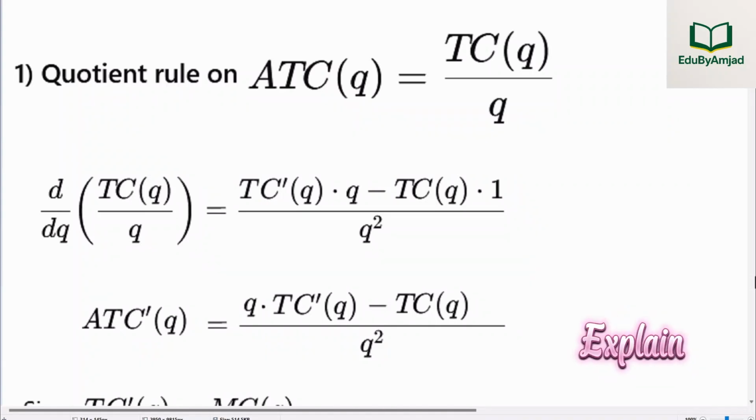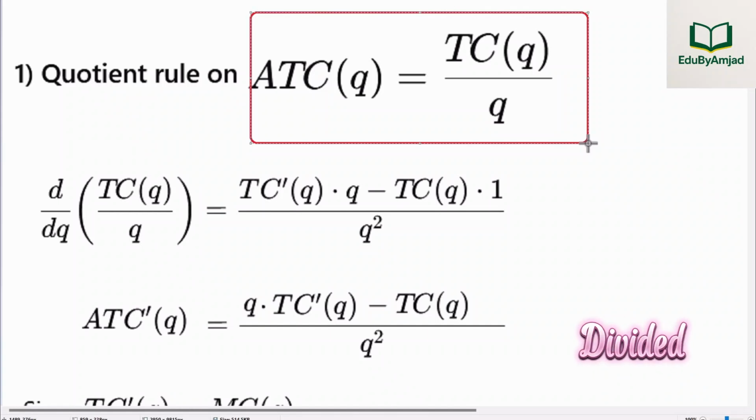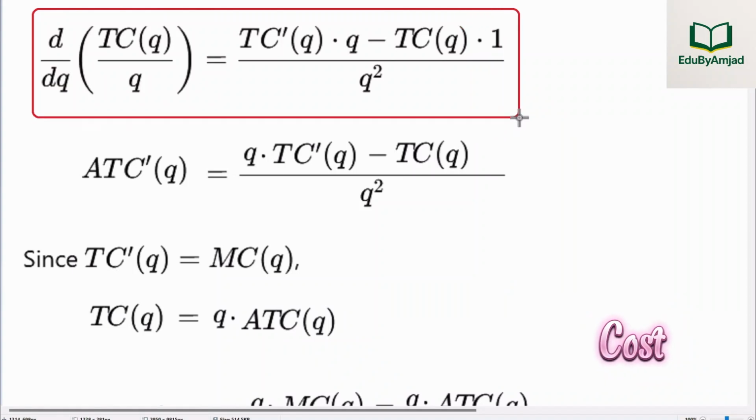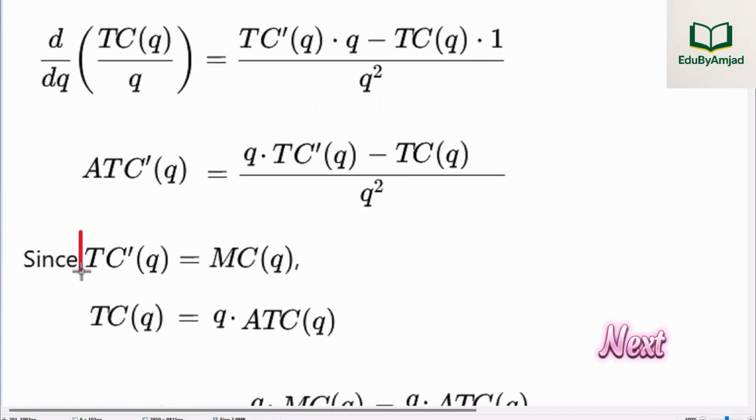Now, let's explain the mathematical reasoning behind the core relationships among cost curves. We begin with the definition of average total cost. Average total cost is equal to total cost divided by total output. To find the slope of average total cost, we apply the quotient rule of calculus. Next, we make two key substitutions.